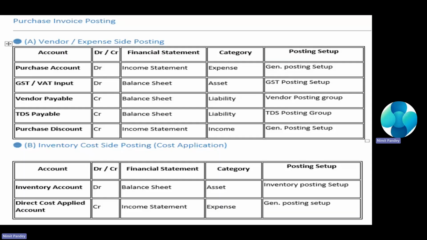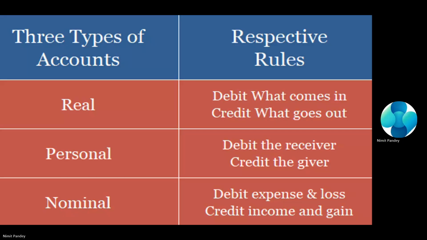So these are the entries whenever we post a purchase invoice. There are two parts: one is the vendor part and the other is inventory. Whenever we purchase anything, the vendor, meaning the payable account, is the sender, meaning the giver.